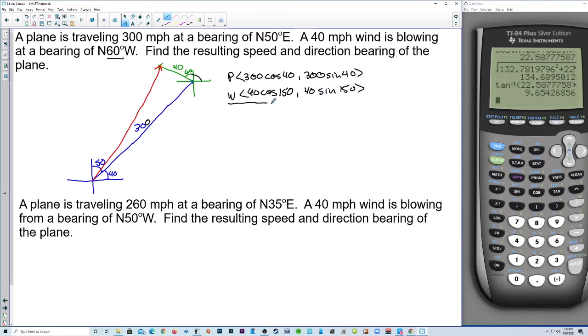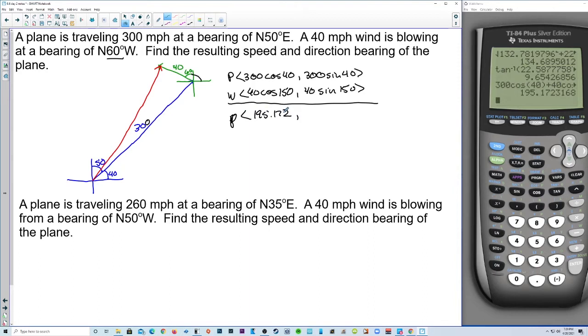All right, so let's get the resulting component form. We got 300 cosine of 40 plus 40 cosine of 150. And that is 195 and some change. So the resulting path, let's say the path is 195.172.